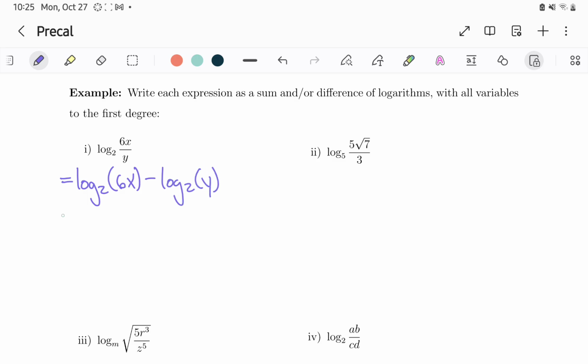And then we can use the product property to rewrite log base 2 of 6x as log base 2 of 6 plus log base 2 of x minus log base 2 of y.